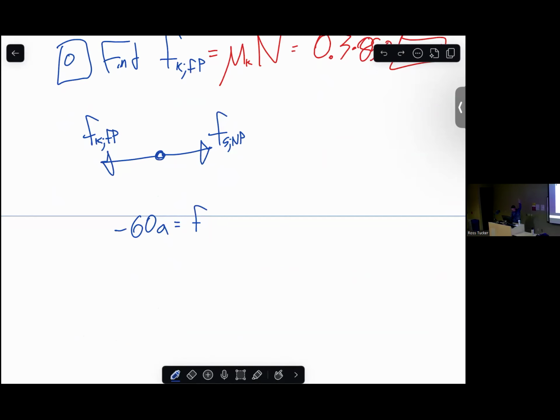And I know the equation for his, 25A is what we just deduced. There we go. Whew, took me a second. So this is ma for me, and this is net force for me.